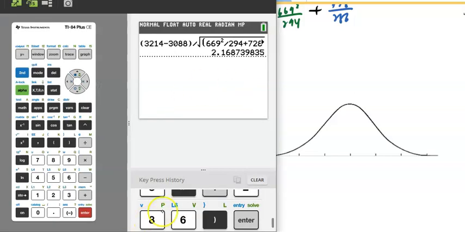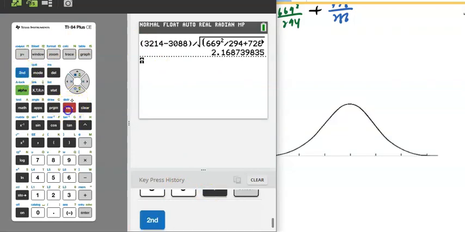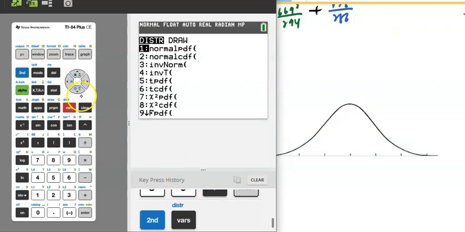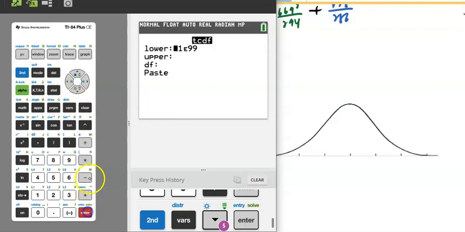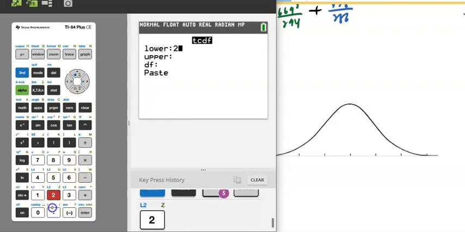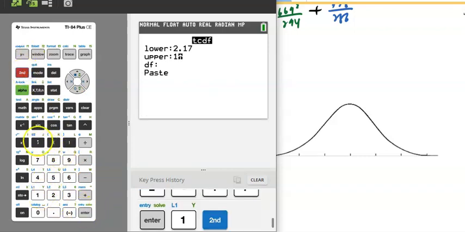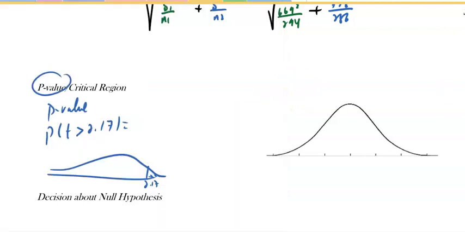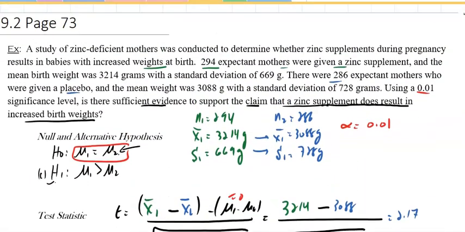I get my calculator out, and I'll go to my distribution, and I want to figure out the t distribution, CDF, and I'm going from 2.17 to the upper 1, e to the 99. Degrees of freedom would be, oh, I didn't talk about that. Let me get that really quick.